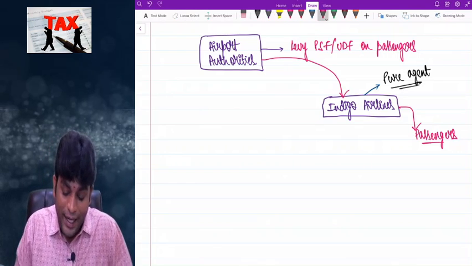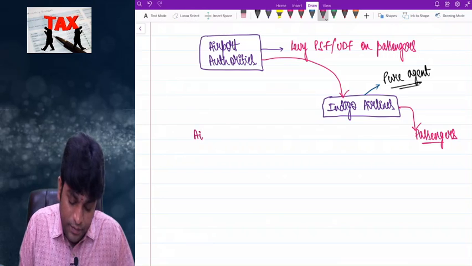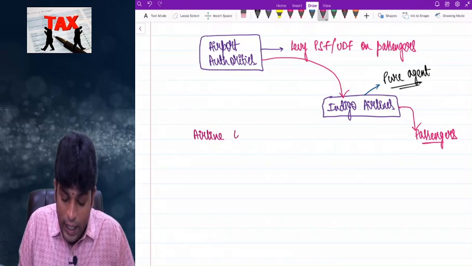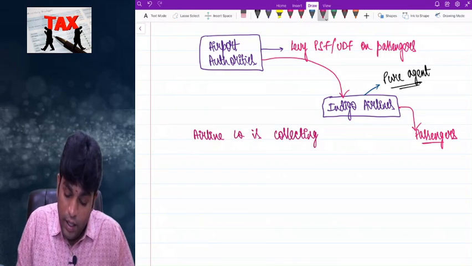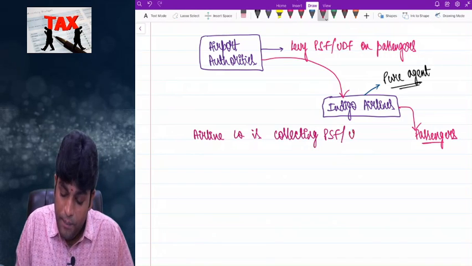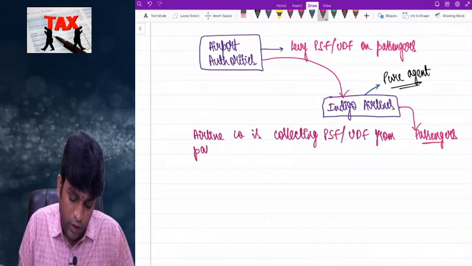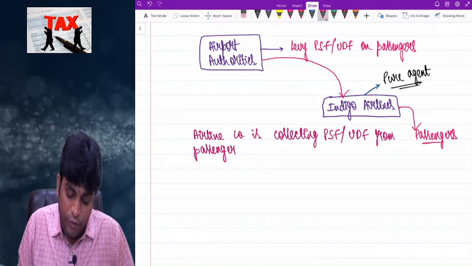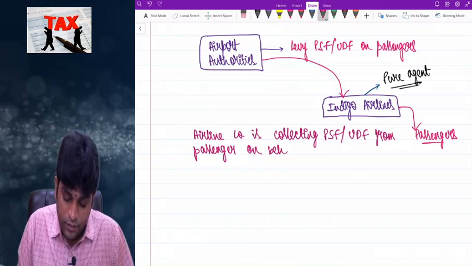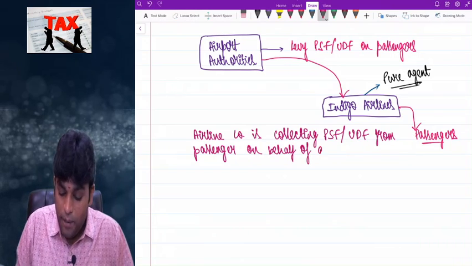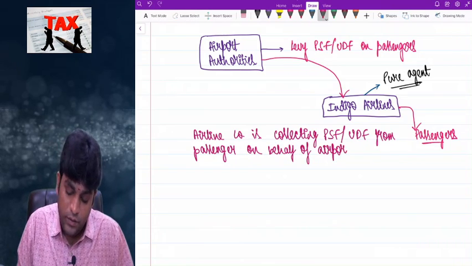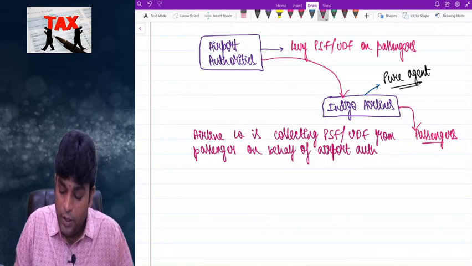That means in net effect, the airline company is collecting PSF or UDF from the passenger on behalf of airport authorities.